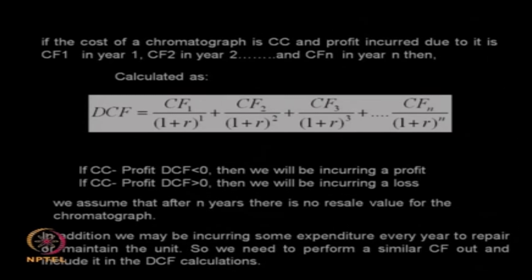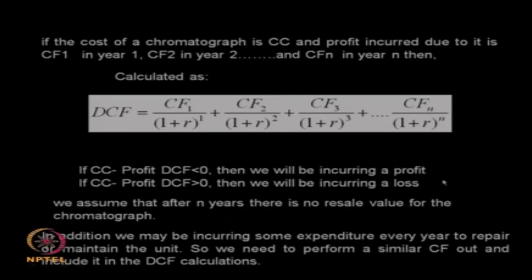Do you understand? So I bring the profit I will be getting in year 1 to today's net present value, the profit in year 2 to net present value, profit in year 3 to net present value, profit in year 10 to net present value, and then subtract from the cost of the chromatograph which I incurred today. Okay.